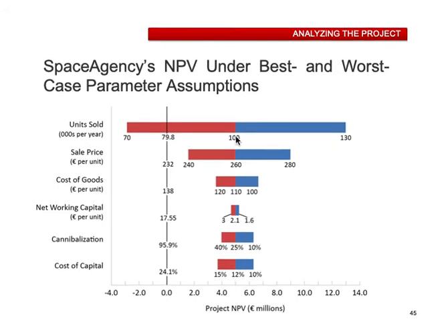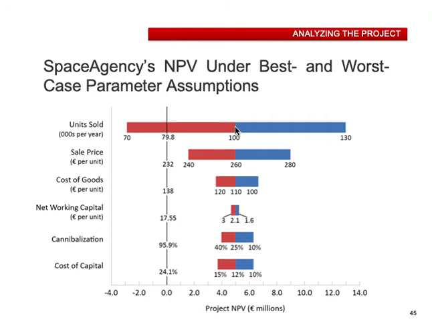Now, what you can see is that if you change your assumptions, for example, you sell fewer units, or you reduce your sale price, or your cost of goods sold per unit is higher, or you increase your working capital, cannibalization and cost of capital, you can see that the NPV is getting worse, right?